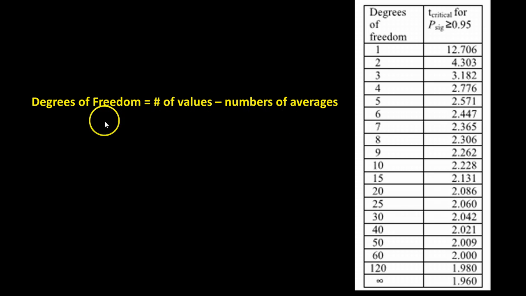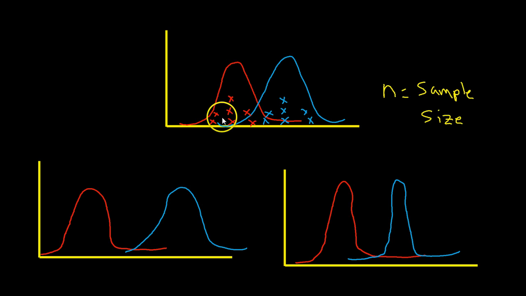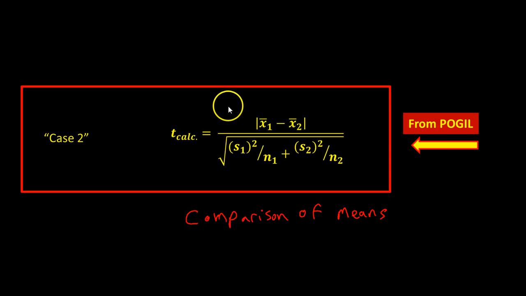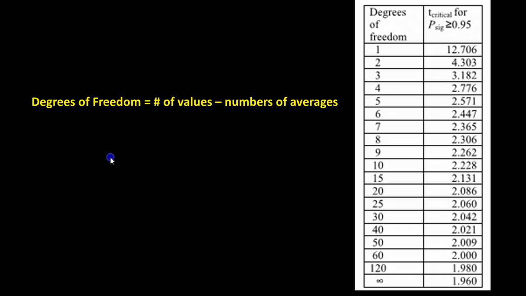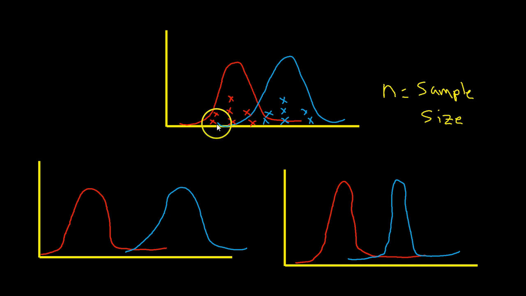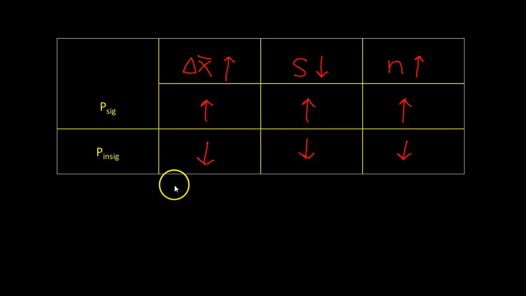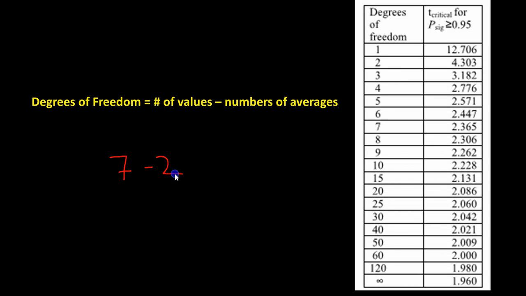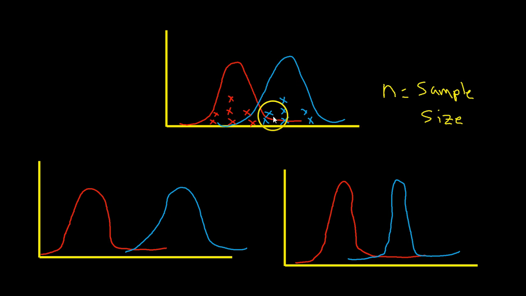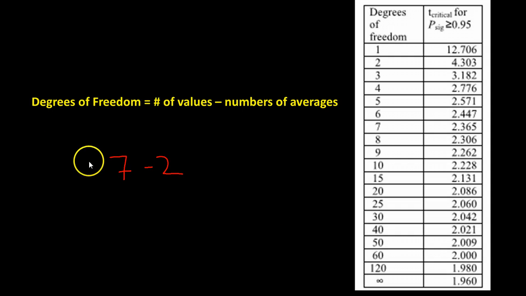So let's look at this example here where I said we had 7. Let's say you've got 7 measurements for this red one, 7 measurements for this blue one, okay? So you have 14 values in total, and the number of averages is 2, one for each set.